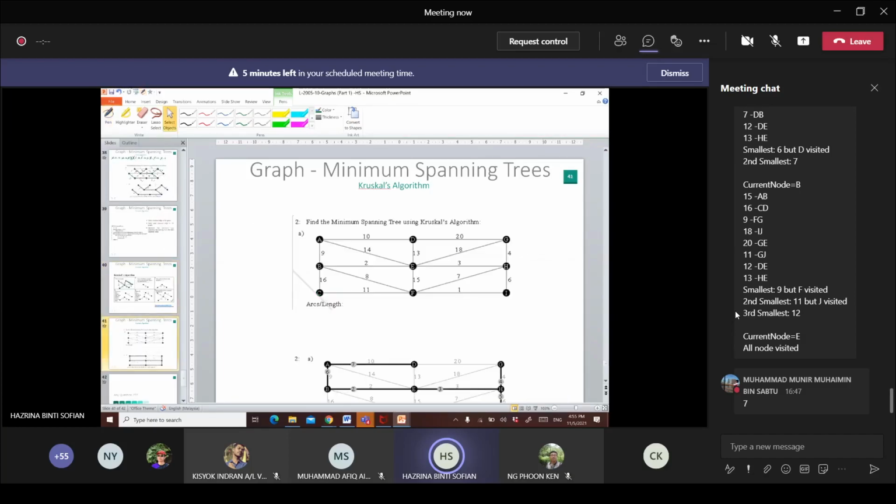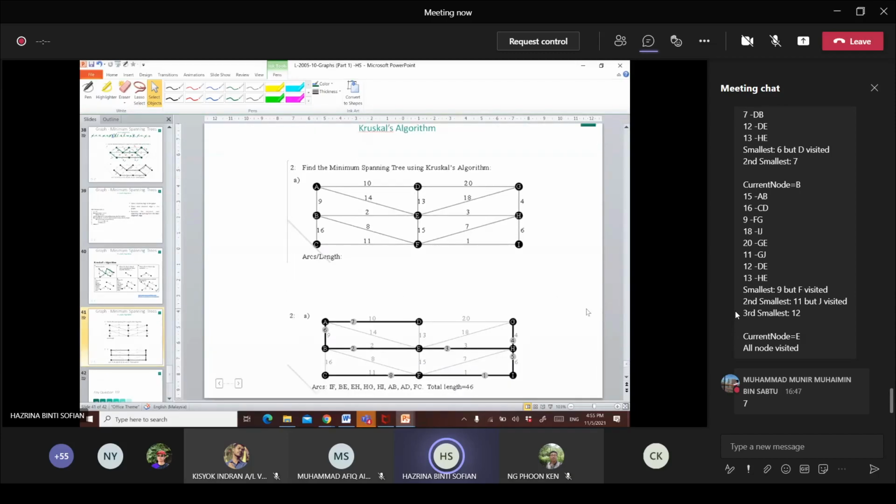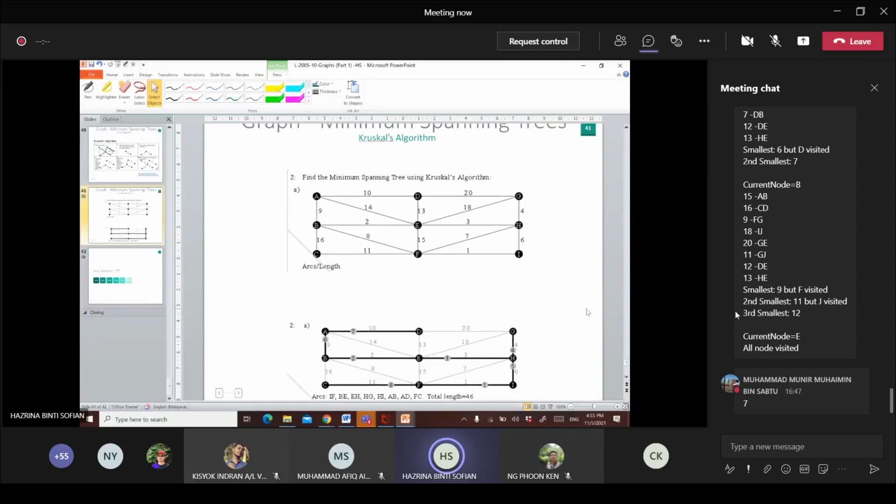Alright, since we only have 5 minutes, we're just going to go through this together. So from here, it won't say that they pick any vertex in this question, okay? So here, we can try to search for the smallest. The smallest here is 1. So 1, it can travel here.